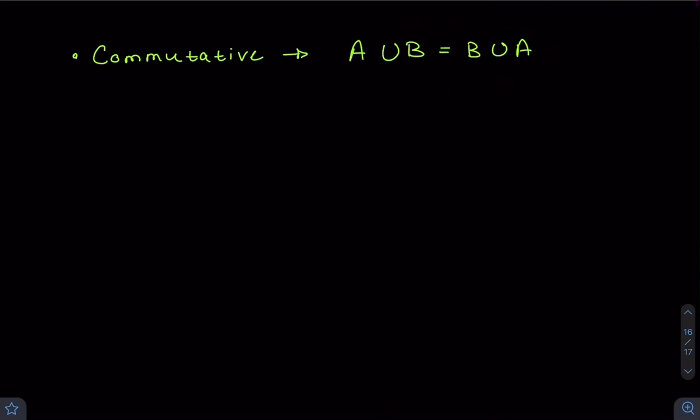And the reason this is true goes back to how we define equality between two sets. So remember, this gives us a new set, C, and let's call it C1, and this will also give us a new set, C2. And we're saying that it doesn't matter if we're taking A union B versus B union A, it's going to give us the same set.